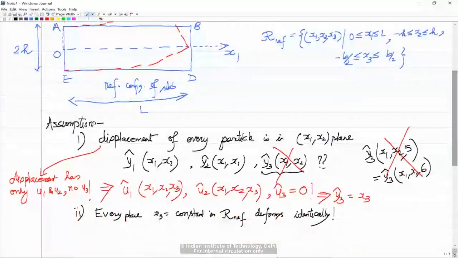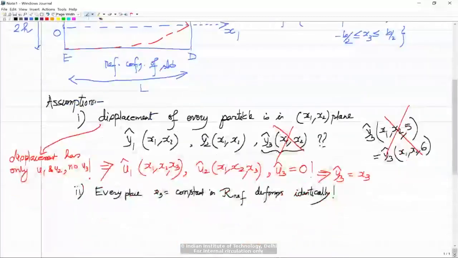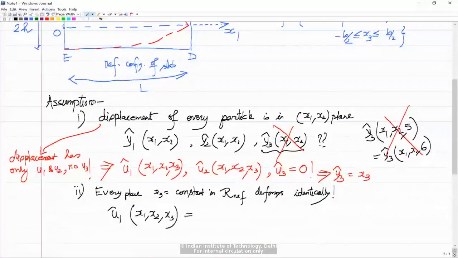What do you think? So if you think of displacement, for example, u1 hat, which is a function of all three as of now. So it says every plane deforms identically.